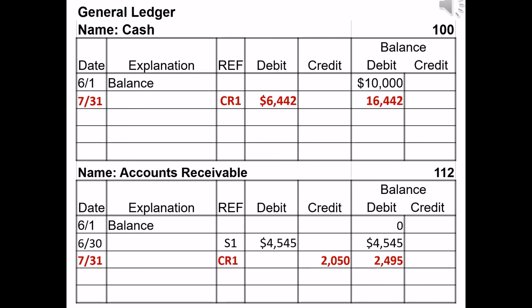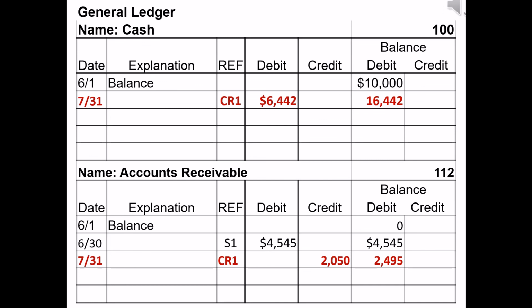We're also going to post the balances from our cash receipts journal. That would be a debit to cash for the total amount in the month of $6,442. You'll see our reference is the cash receipts journal, page 1, and the accounts receivable that we received of $2,050.